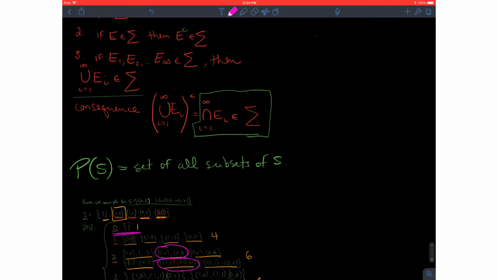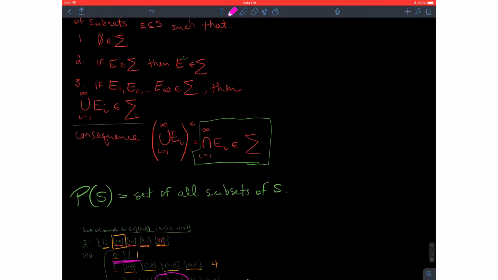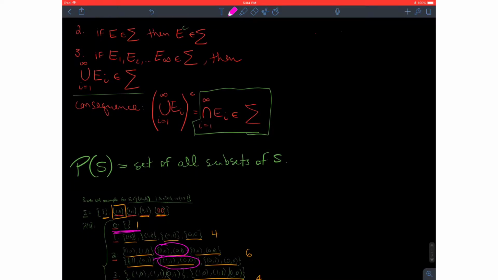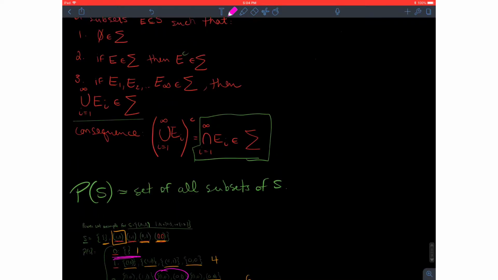So this is not a definition, this is actually a consequence of the definitions listed above, as well as the axioms for set theory.